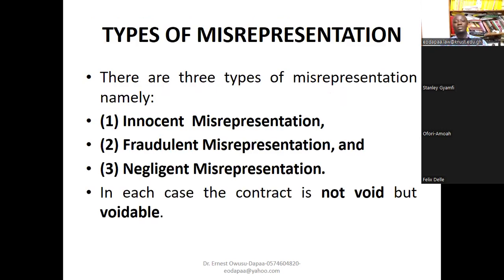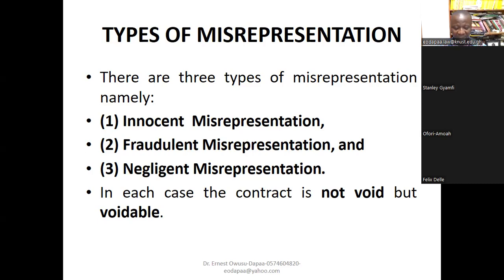So this brings us to types of misrepresentation. We have what we call innocent misrepresentation, fraudulent misrepresentation, and negligent misrepresentation. I must say that until the 1960s, we had only two main types of misrepresentation: innocent misrepresentation and fraudulent misrepresentation. So let us keep that in mind.